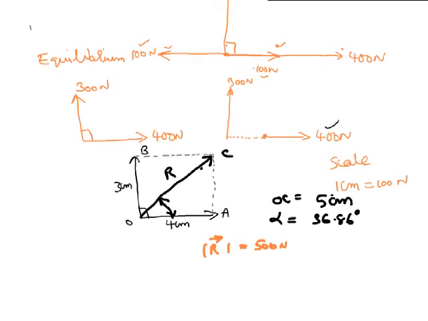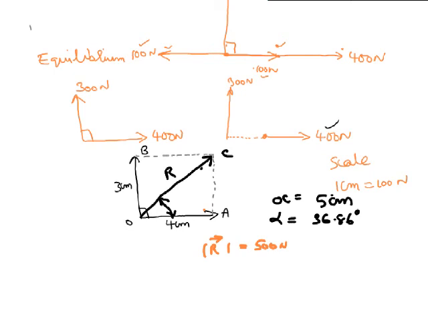Again, since this is the resultant of the 300 newton and 400 newton forces, if you apply a force of 500 newtons making an angle of 36.86 degrees with OA, this force will have the same effect as both the forces F1 and F2 put together.